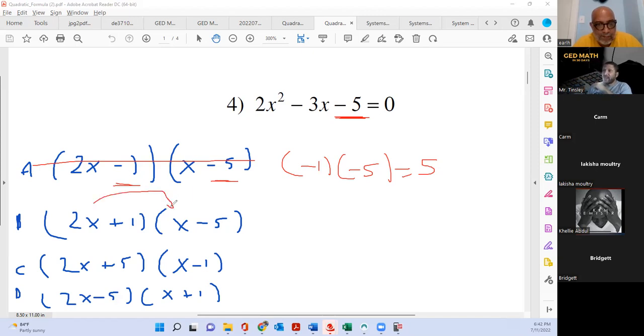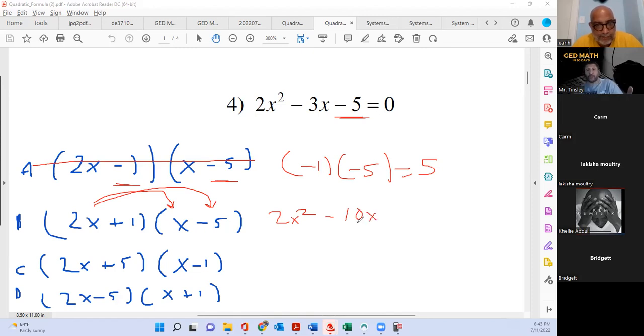All right, let's look at the second one. What's 2x times x? 2x squared. Does everybody understand why 2x times x is 2x squared? Who does not? Okay, perfect. 2x times -5 is -10x.